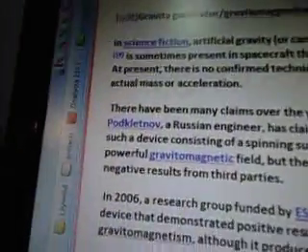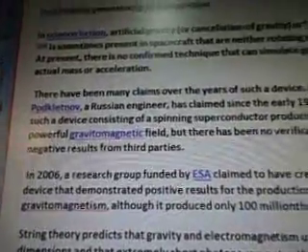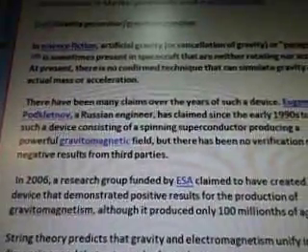Eugene Podkletnov, a Russian engineer, has claimed since the early 1990s to have made such a device consisting of a spinning superconductor producing a powerful gravitomagnetic field, but there has been no verification of it. In 2006, a research group funded by ESA claimed to have created a similar device.